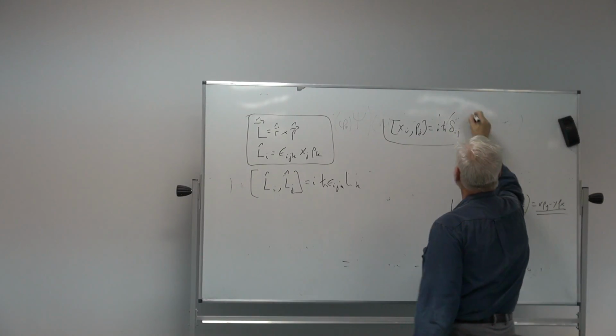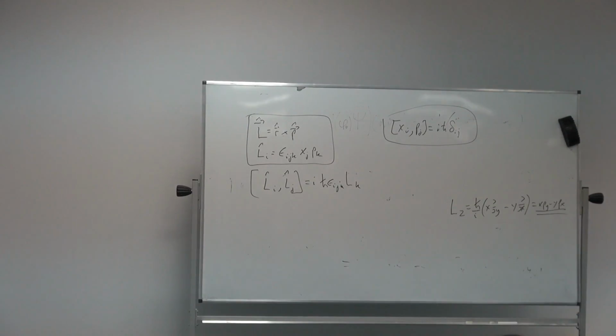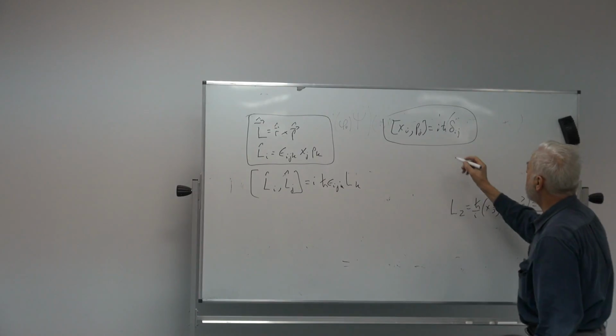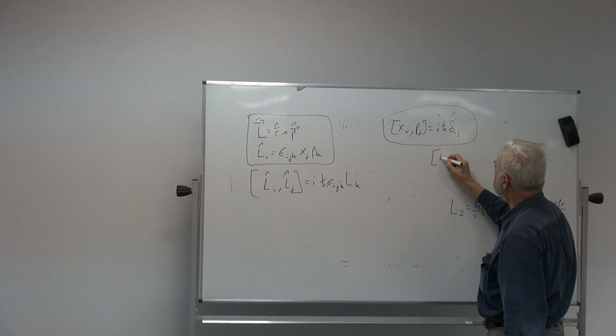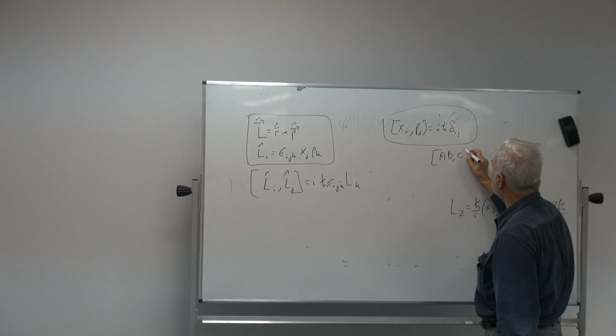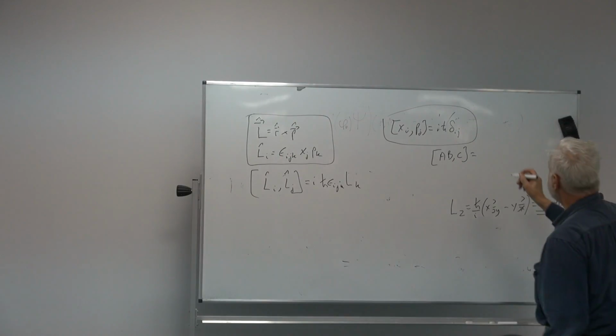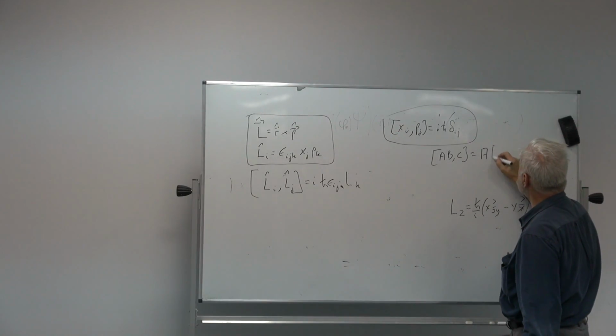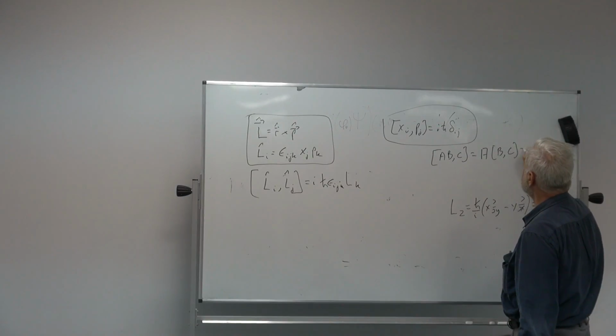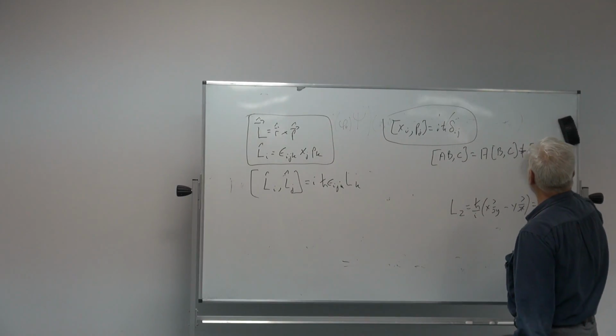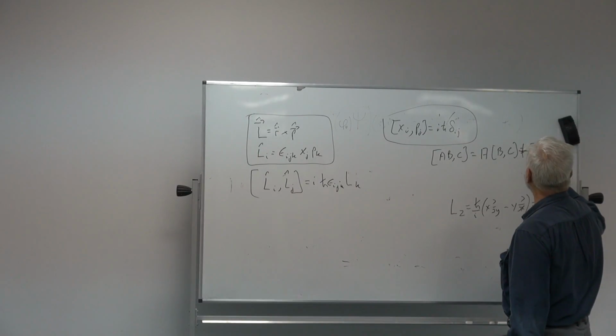There's one more identity, which has to be remembered very well, because it is useful. We are using it over and over again, and that's that if I have this sort of commutator, then it is the same as A times commutator of B C plus commutator of A C with B on the right.